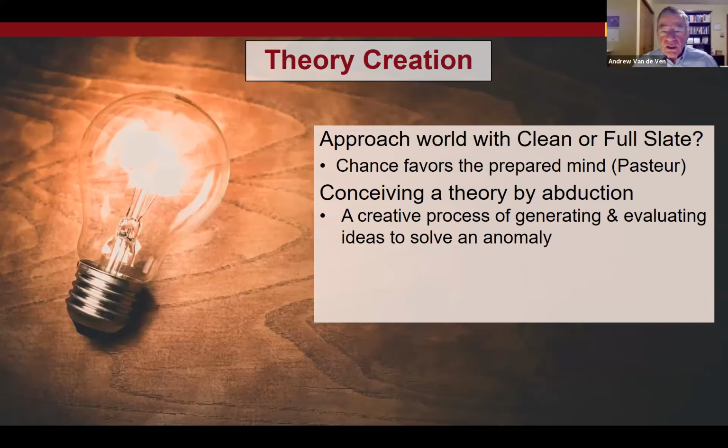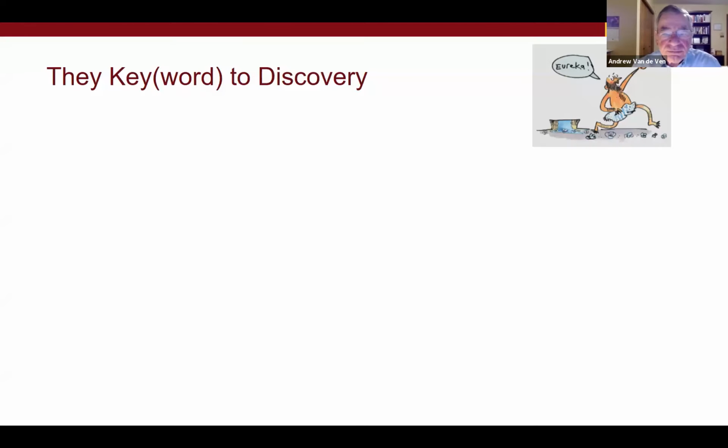But we also are going to notice exceptions, especially when we have a prepared mind. Exceptions are not just anomalies that happen to occur, they are hunches that need to be verified. And so the creative process of generating new ideas to solve an anomaly used to be thought of as a eureka moment.